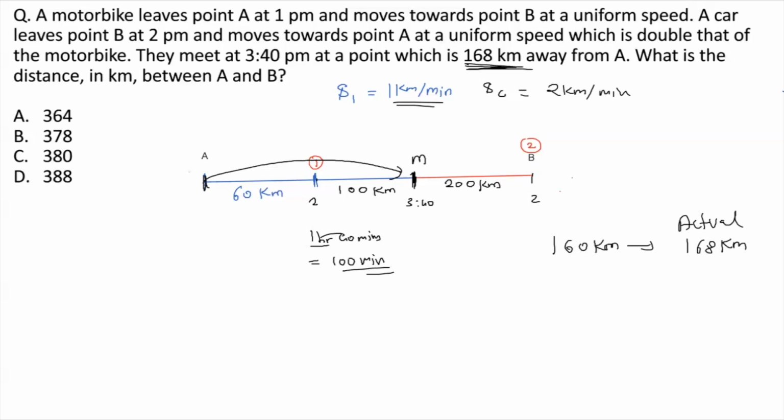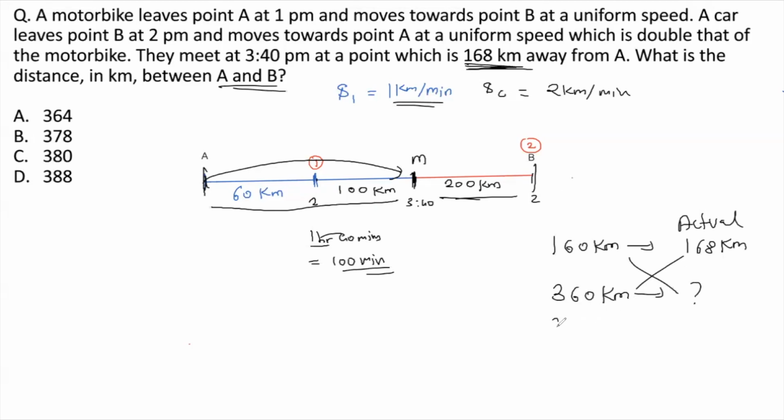So the total distance between A and B also needs to be in the same proportion. The total distance between A and B is this 160 we have already taken plus this 200. That will make it 360 kilometers. So 160 is 168 actually. 360 is how much? So something slightly more than 360 would be our answer.